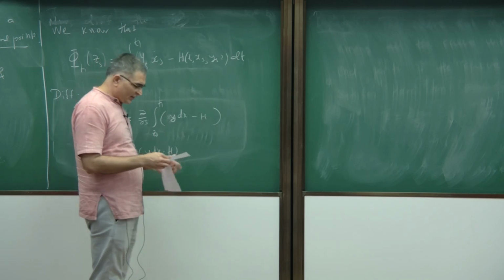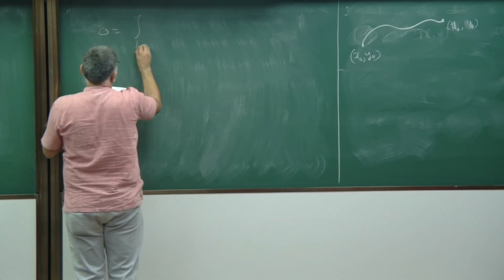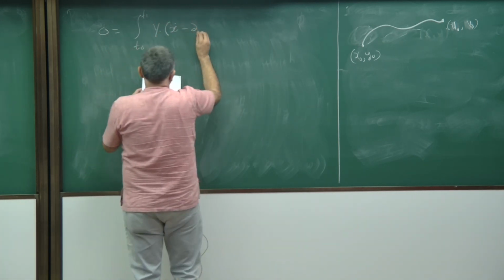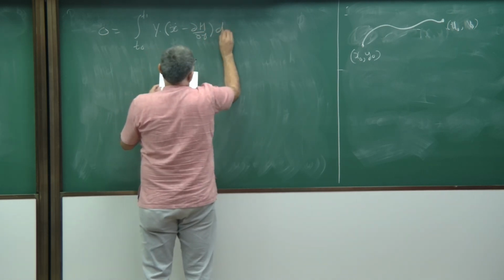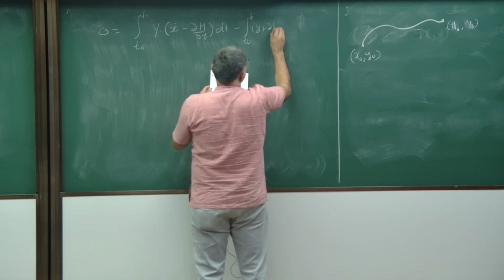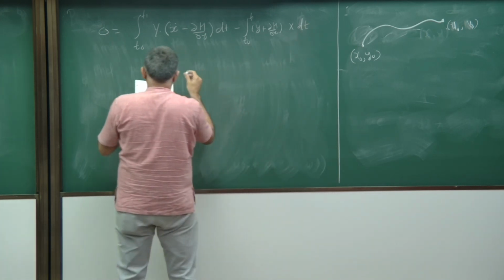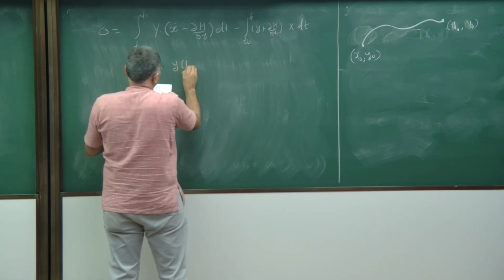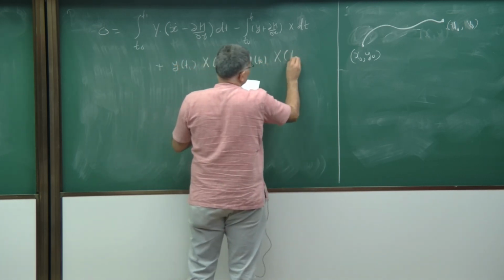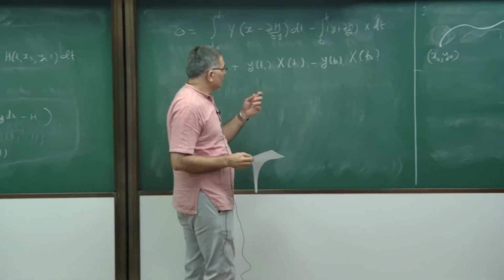Then we get that this 0 is nothing but the integral from t naught to t1 of y times x dot minus, plus. So, just plug in the values.